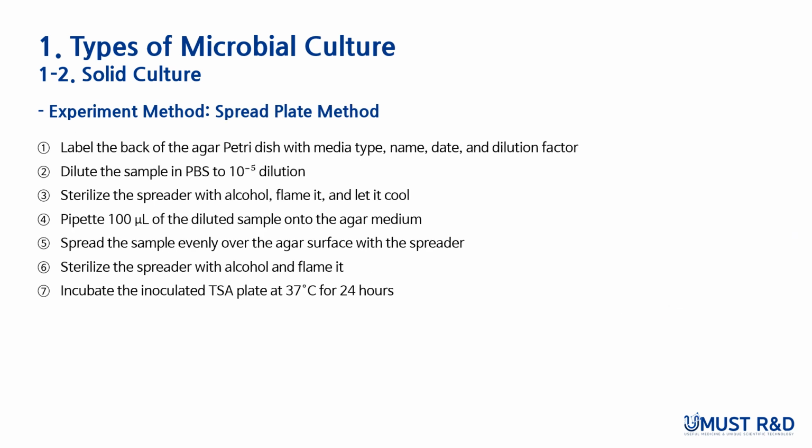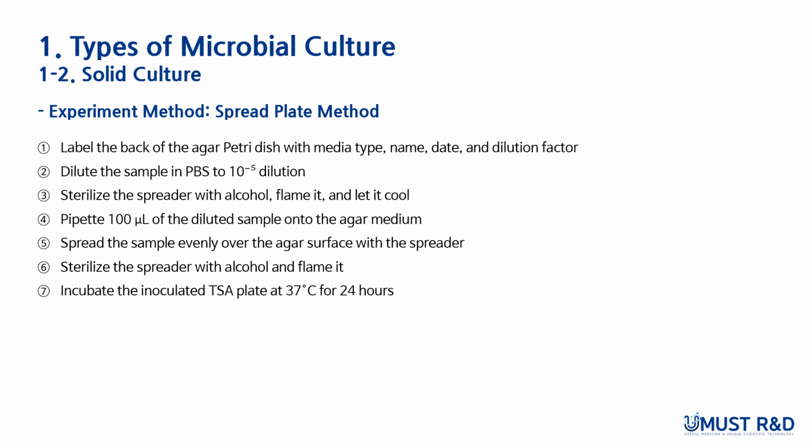In the spread plate method, the back of an agar petri dish is labeled with the media type, sample name, date, and dilution factor. The sample is diluted to 10 to the minus 5 using PBS. A sterilized spreader is prepared by dipping it in alcohol, flaming it, and letting the spreader cool. 100 microliters of diluted sample is then pipetted onto the agar surface.